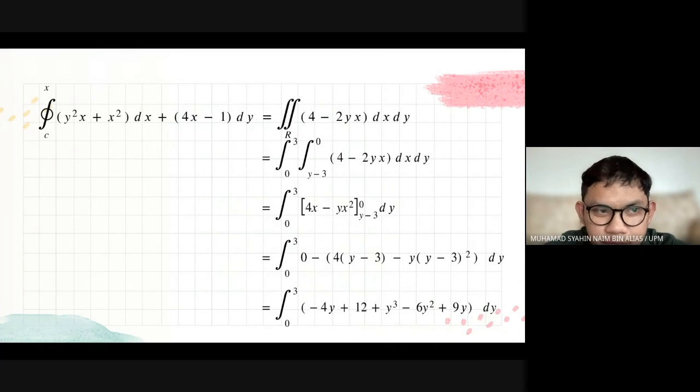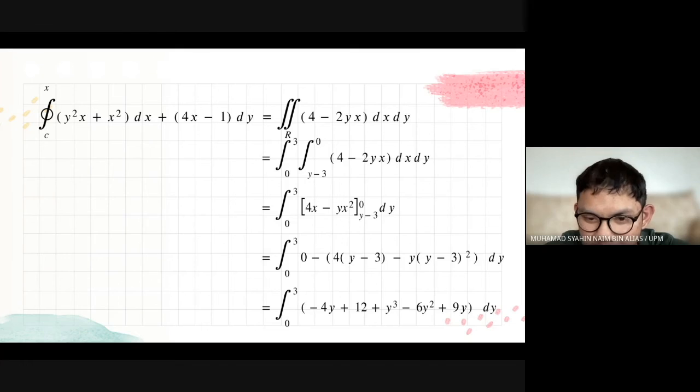For the first integration with respect to x, we get 4x minus yx squared. Then we substitute the limits into the variable x. For 0, it is equal to 0.